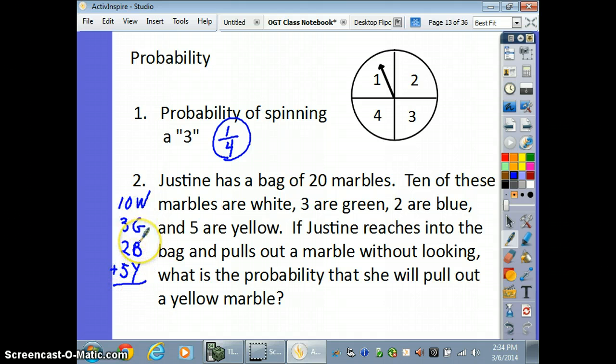In the bag then, that gives me 10 down here, so we have 20 marbles. What's the probability that she will pull out a yellow marble? 5 out of 20. Always reduce. Divide numerator by 5 and denominator by 5, 1/4.